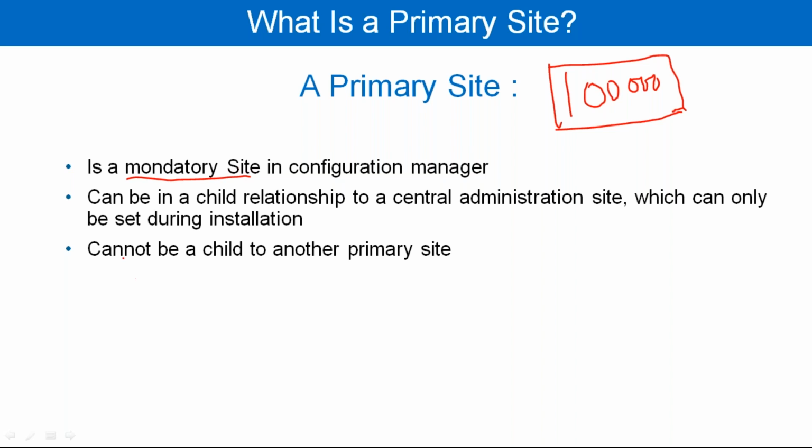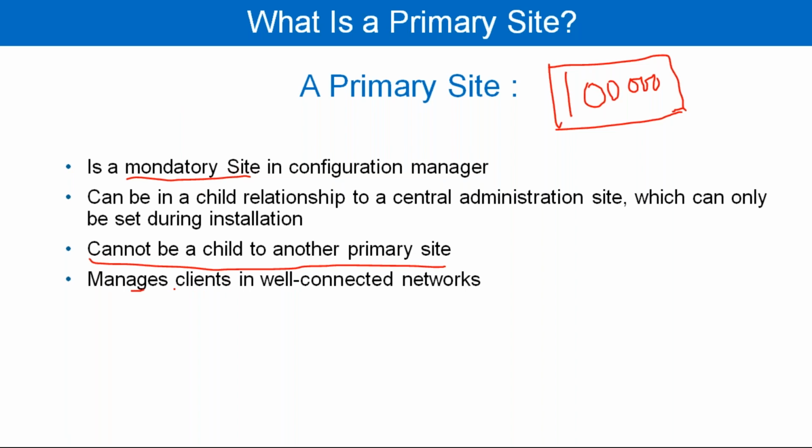It cannot be a child of another primary site. It's like a parent site on its own. It manages clients in a well-connected network. This is the only site which manages clients.